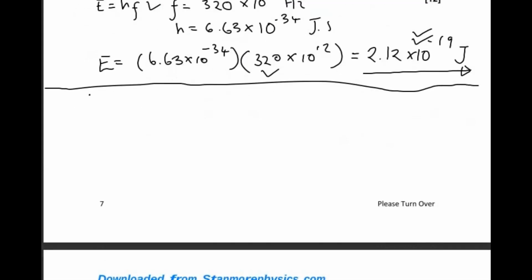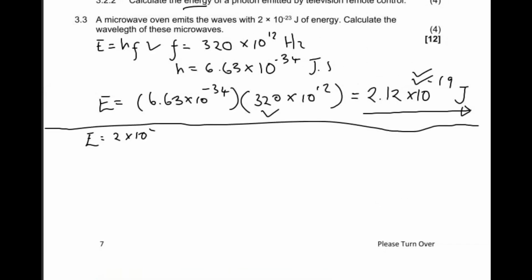What is it that we're given? We're given the energy, 2 multiplied by 10 raised to the power of minus 23 joules. And we need to find the wavelength.